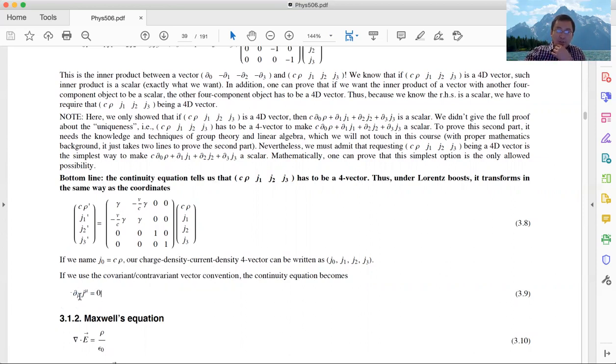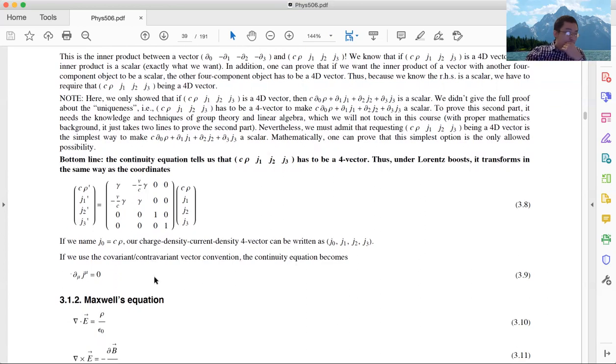We use a covariant derivative with lower indices, and for the current we use the 4D current, this guy. That's a 4-dimensional contravariant vector. And when they multiply together, it's a scalar and a 0. So that's the continuity equation in the covariant and contravariant convention language.